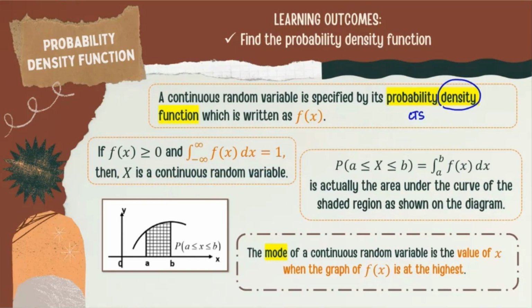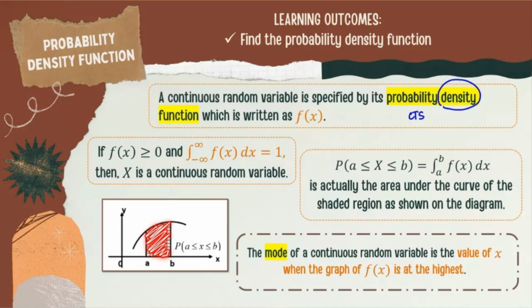Okay. And untuk cari probability, it is actually the same as finding the area under the curve of the shaded region. So let's say this is our region. Kalau dia kata x is between A dengan B, kita nak dapatkan this probability ni adalah sama dengan area of the shaded here lah.